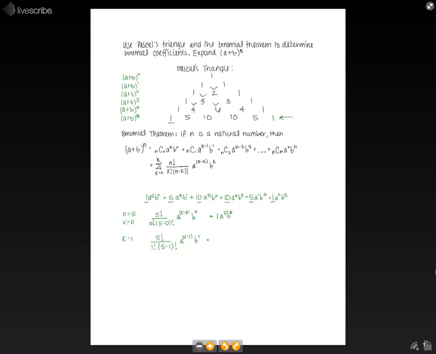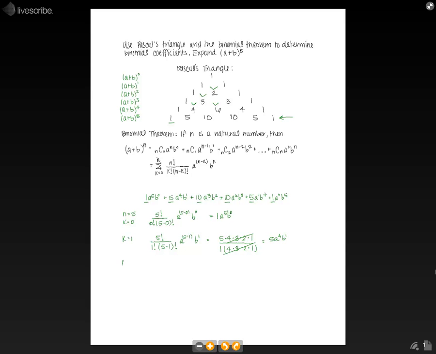Alright, so if you don't remember how to simplify factorials, this is going to turn into 5 times 4 times 3 times 2 times 1, all over 1 times 4 times 3 times 2 times 1. So as you can see, all of these cancel out and we're left with just 5. So our next term is going to be 5a to the fourth, b to the 1.